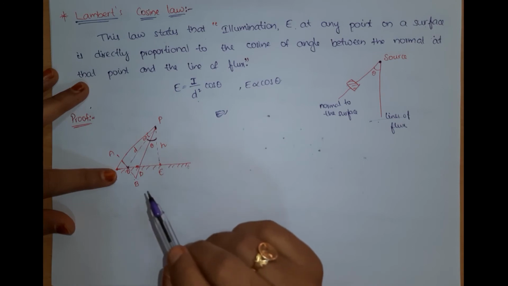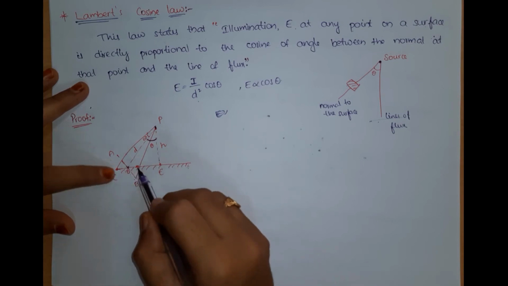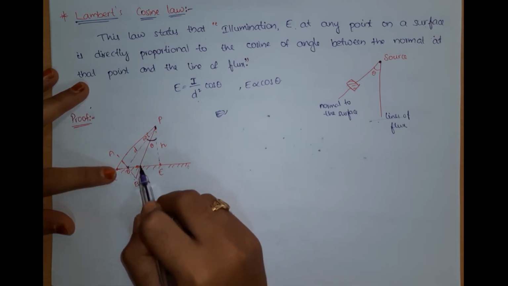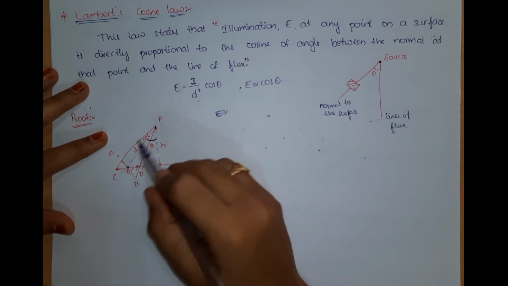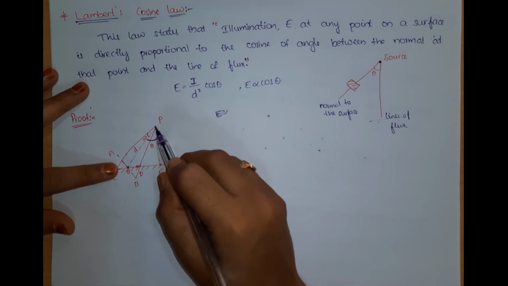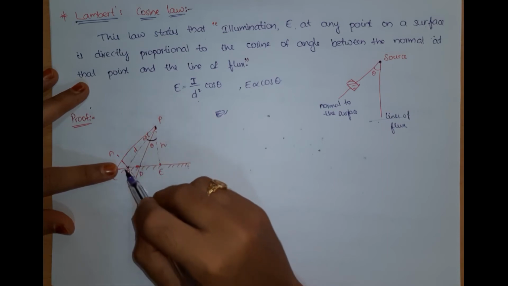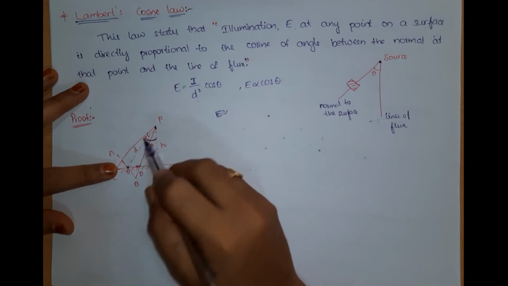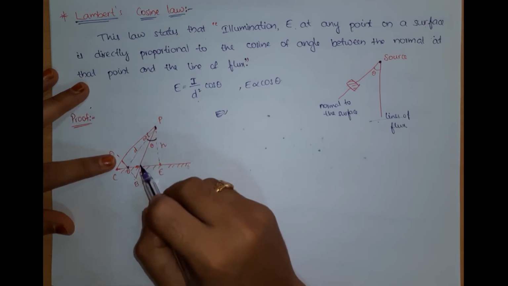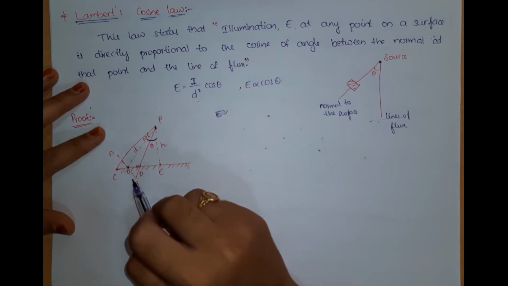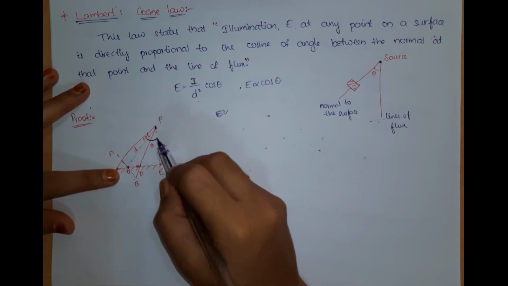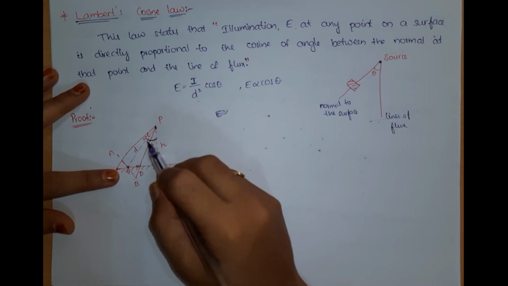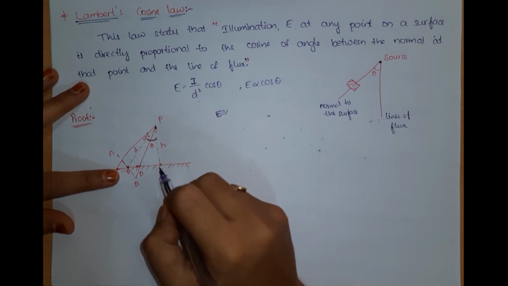Once again let me tell you, I have taken a surface CD, tilted it such that it makes an angle omega with the point source, that is, the solid angle is omega, but its normal is OP. The normal to the tilted surface AB is OP. So this normal is making an angle theta with the perpendicular to the surface.